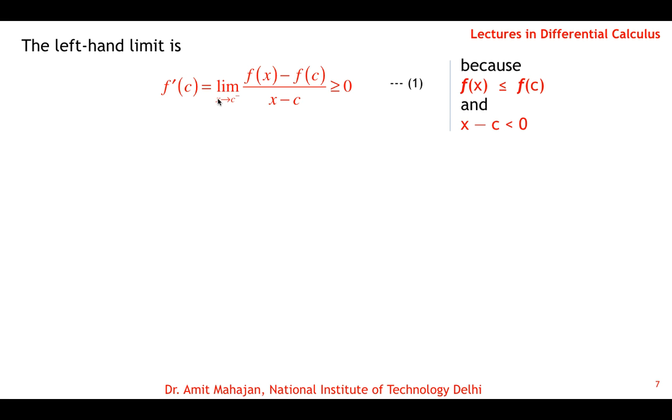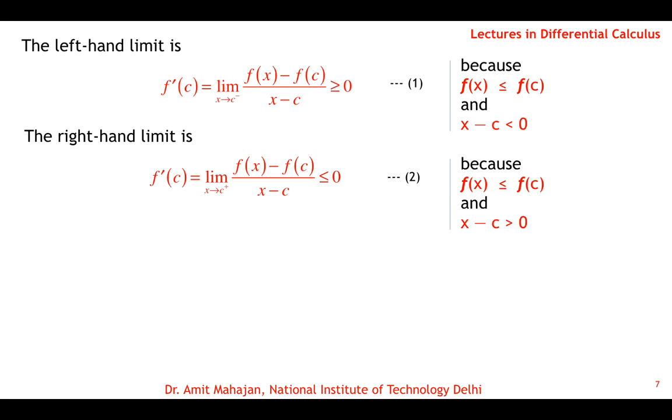So the derivative definition, which is limit x tends to c from the negative side of f of x minus f c over x minus c, is greater than or equal to 0, meaning the derivative value cannot be negative. Okay, and this is because f x minus f c is less than or equal to 0 and x minus c is less than 0. Okay, so it becomes greater than or equal to 0. So by the left hand limit we can prove that the derivative value at c cannot be negative.